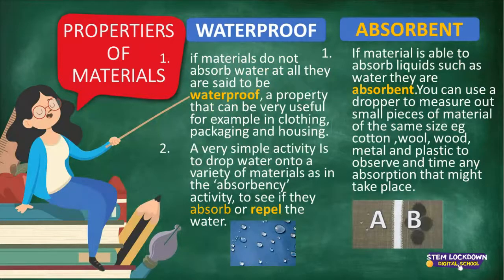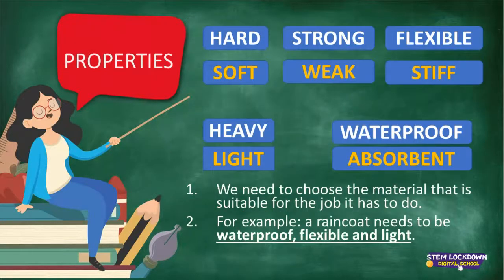Now let's come to the summary. The properties that we have investigated are hardness and softness, strong and weak, flexible and stiff, heavy and light, waterproof and absorbent. Now this statement tells us that we need to choose the material that is suitable for the job to do.